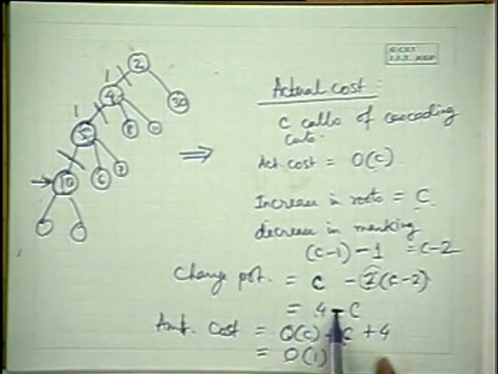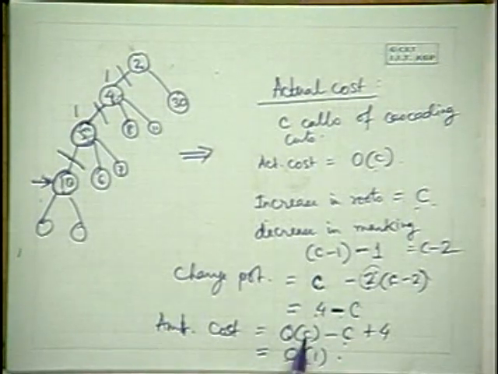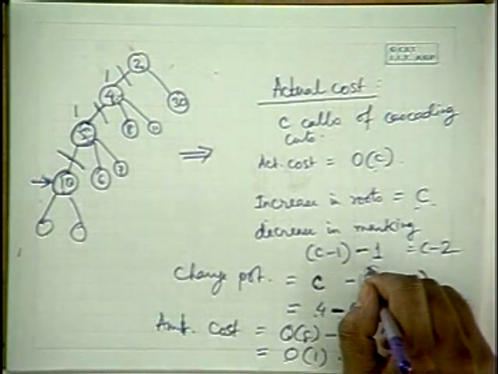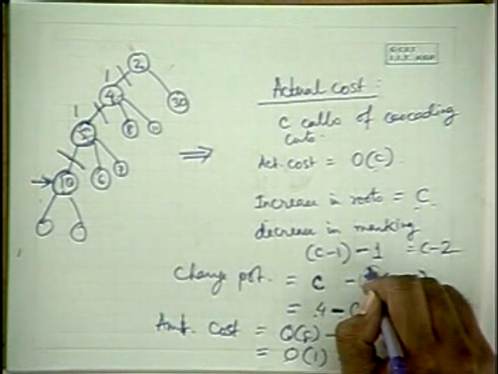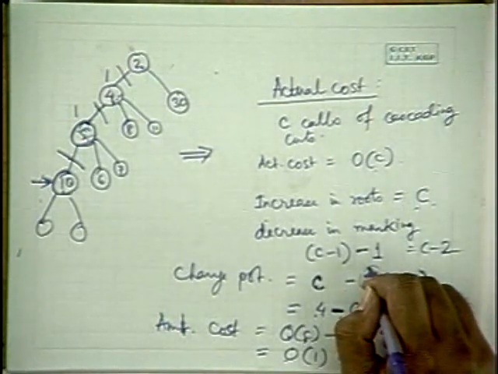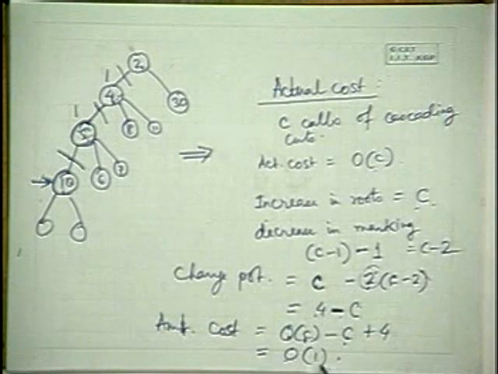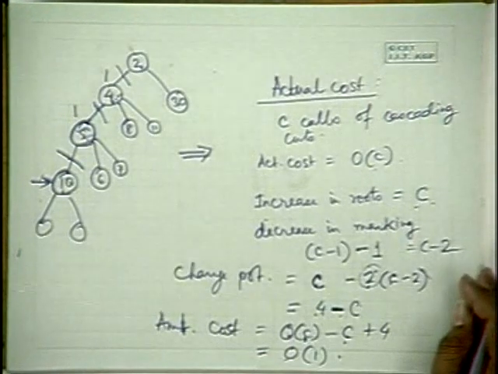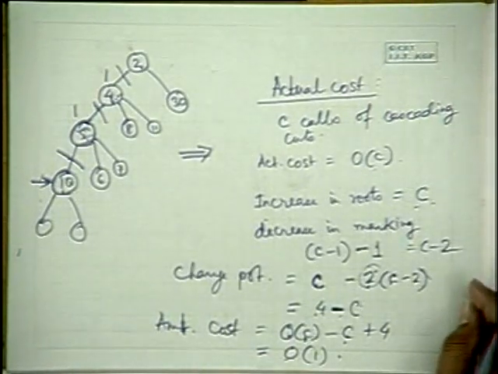But I need 4 minus something C to take care of this order of C. So that's why this 2 was introduced in the potential function. So this is why decrease key operation is of the order of 1. Can you multiply it with any number greater than 1? Yes, instead of 2 we could have taken 3, 4, 5. Doesn't matter.